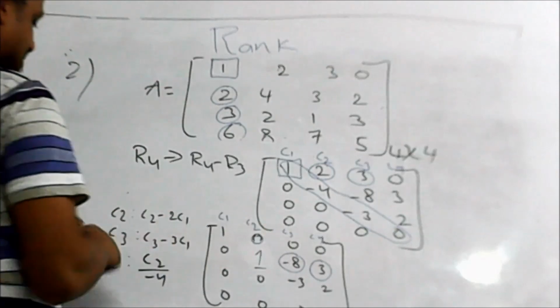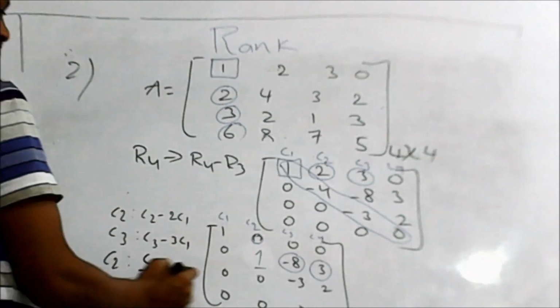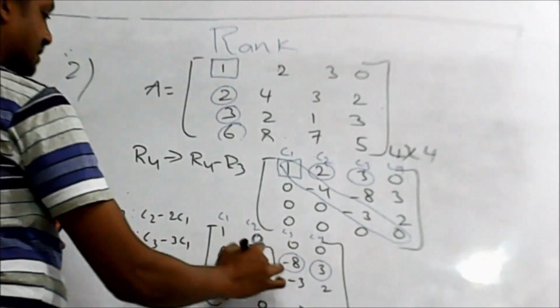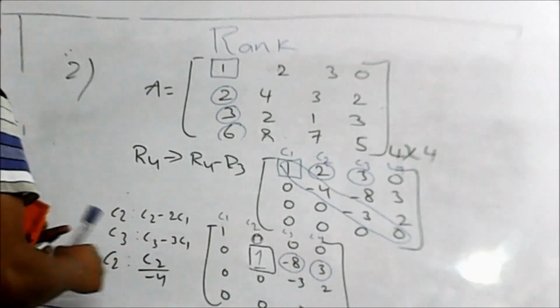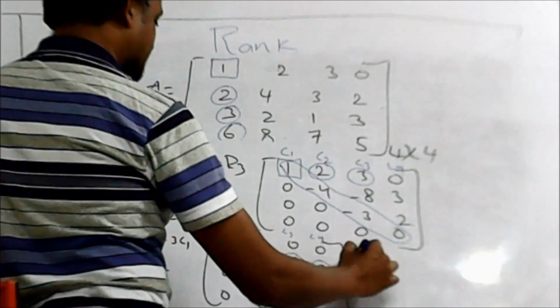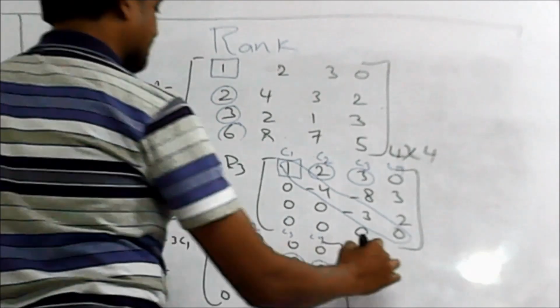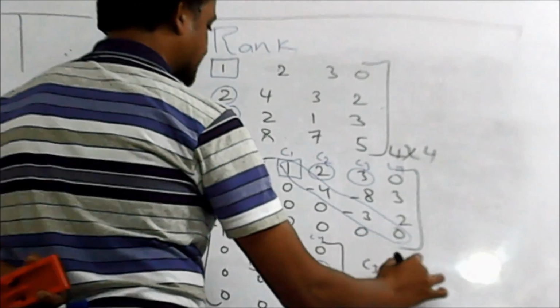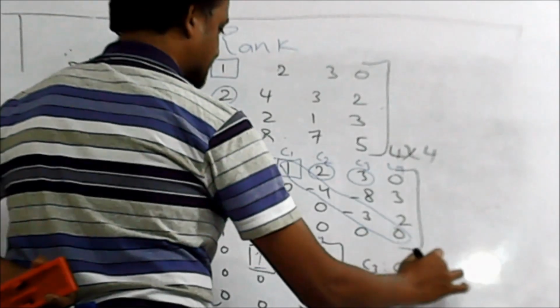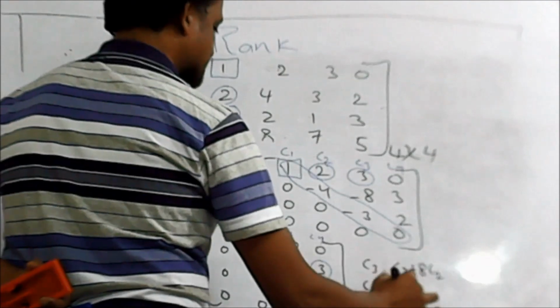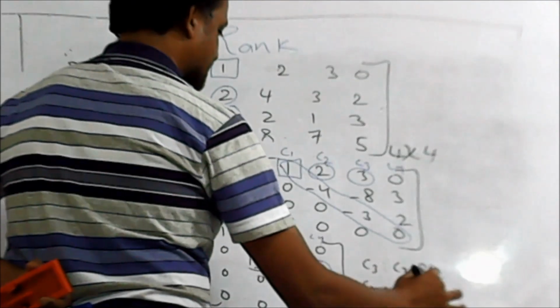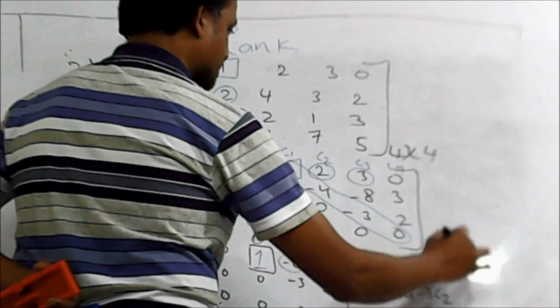So now we select this one. So the remaining operations are simple. So what is the operation? C3 plus 8 times C2. C4 minus 3 times C2. Right?